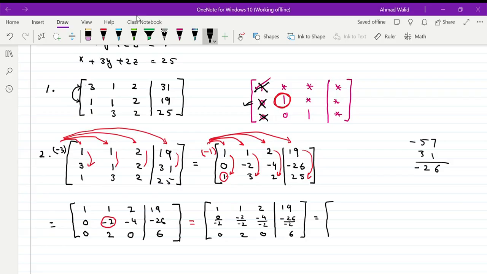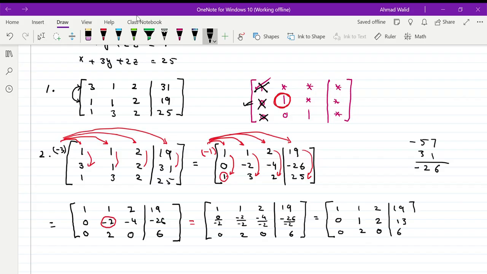It's good to write the steps. 0 divided by negative 2 gives you 0. Negative 2 divided by negative 2 gives you 1. Negative 4 divided by negative 2 gives you 2. Negative 26 divided by negative 2 gives you 13. And copy your row 3, which is 0, 2, 0, 6.